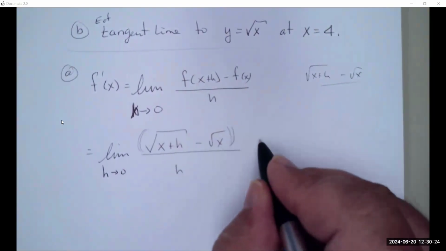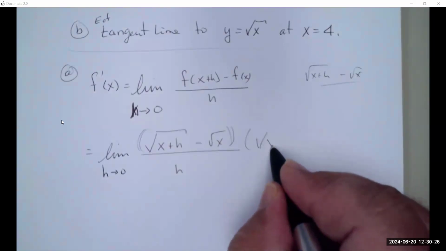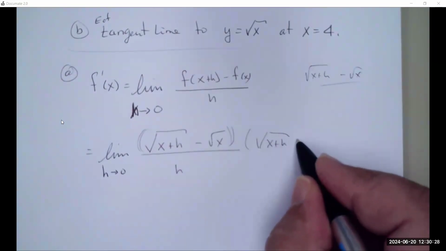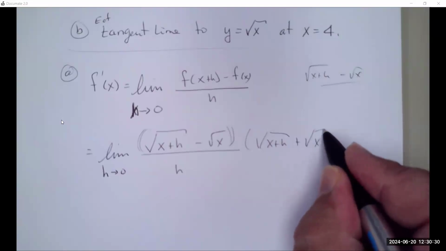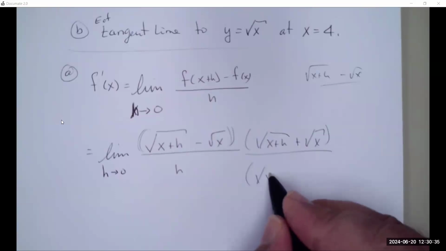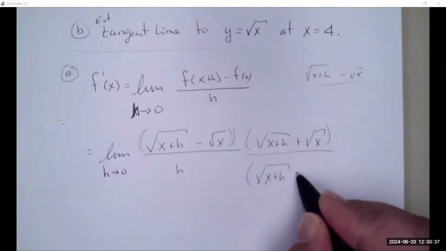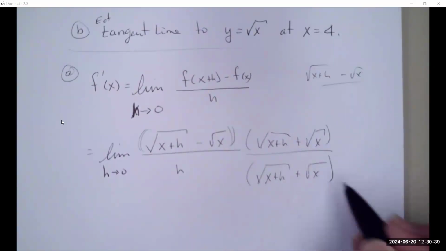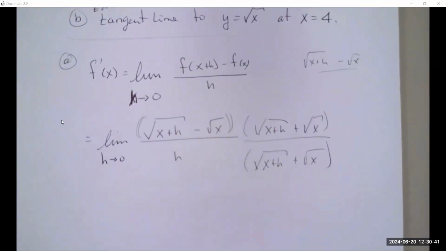Since we're dealing with radicals, if we multiply both the top and bottom by the conjugate of the numerator, that'll help fix our problem.